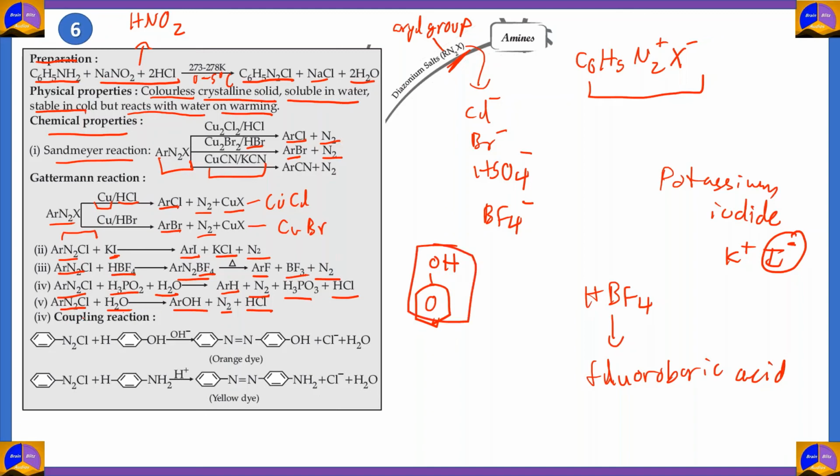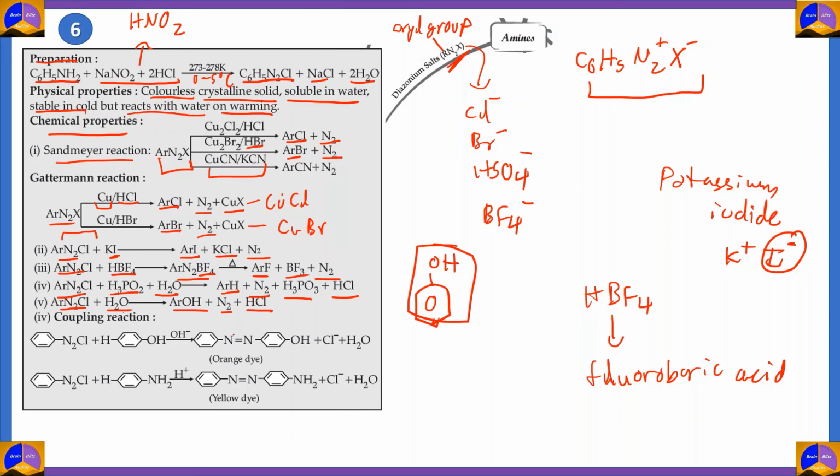The next reaction is the coupling reaction. So we have benzene diazonium chloride in the presence of a benzene with an OH substituent, in the presence of hydroxide, so it's a basic reaction, to form an orange dye.